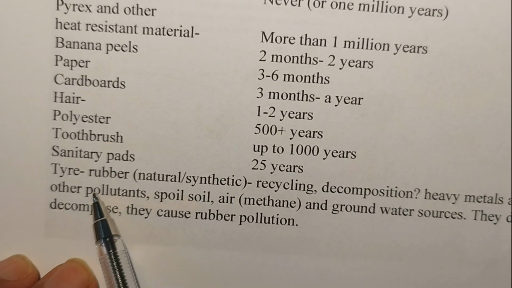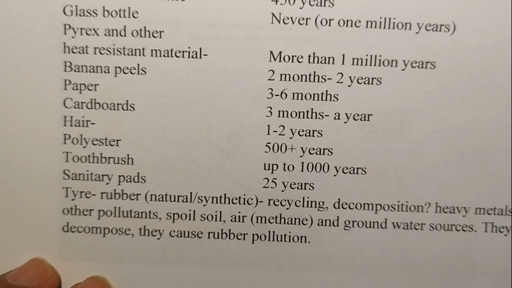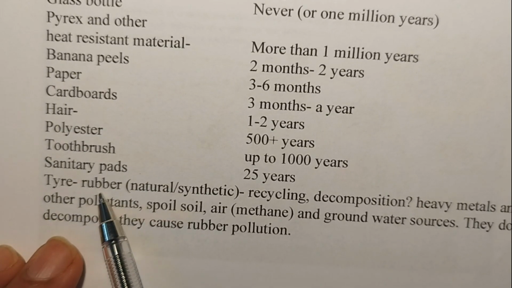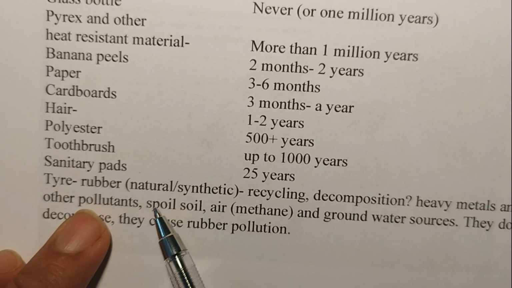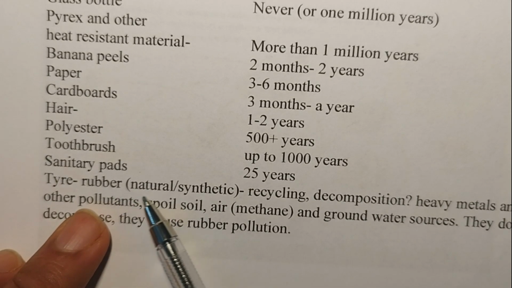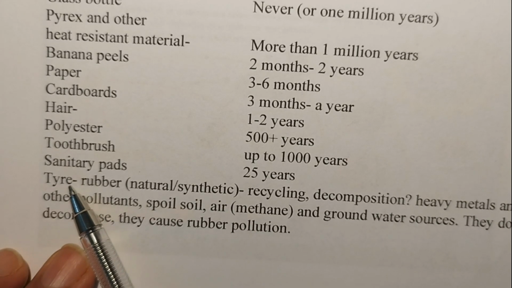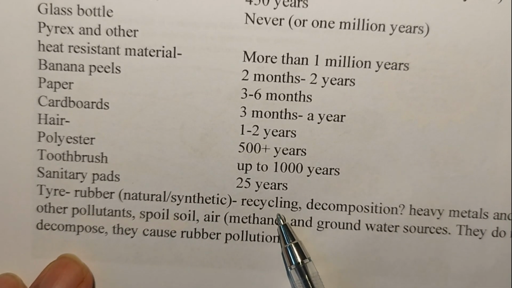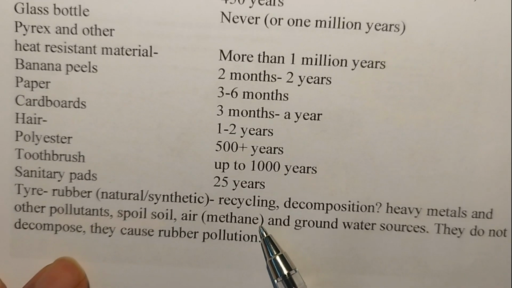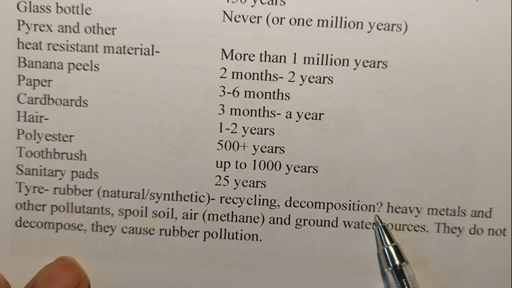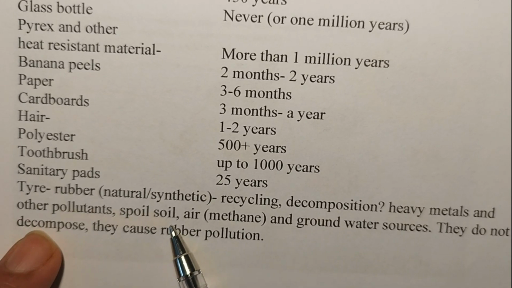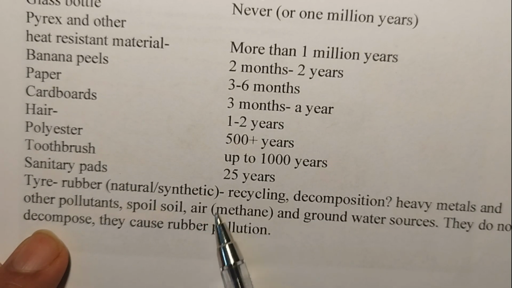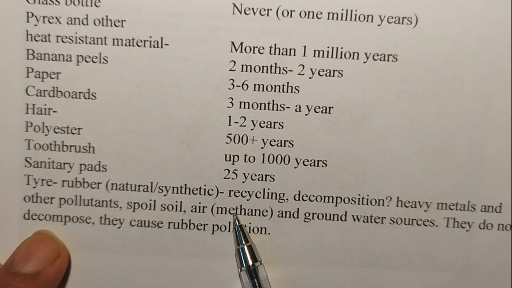Now on tires, I looked at very contradictory information. Some websites say they can decompose in 60 to 70 years, but a lot of authentic websites say that though they disintegrate, the rubber, whether natural or synthetic, that makes the tire can be used for recycling, but whether it can decompose completely is doubtful, because the rubber goes into the soil, it goes into the air, it can produce methane, and that's how it pollutes.